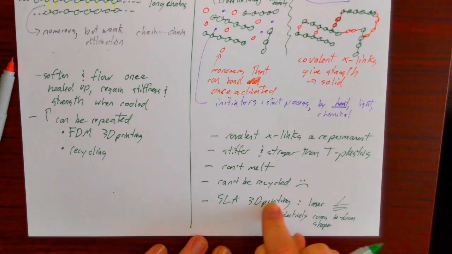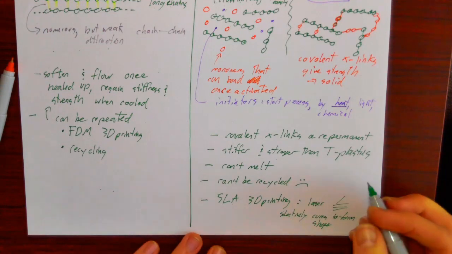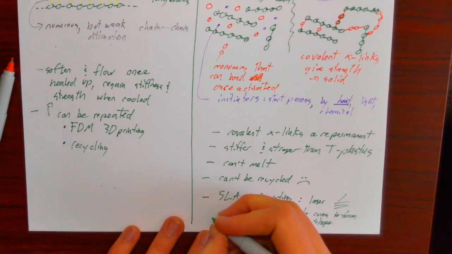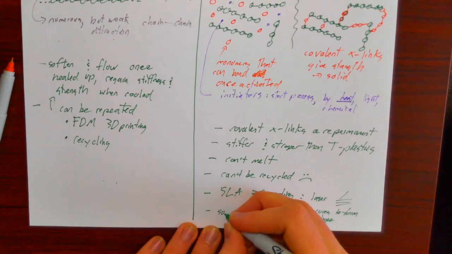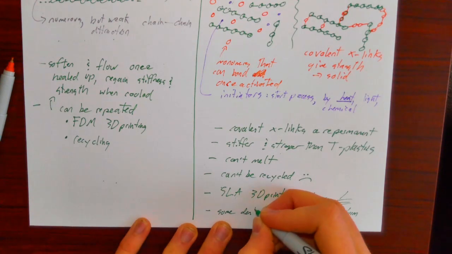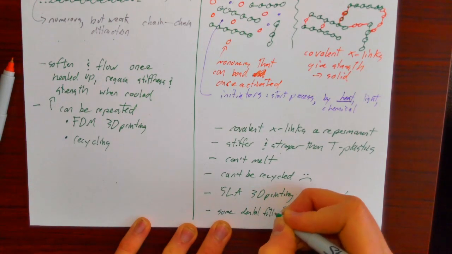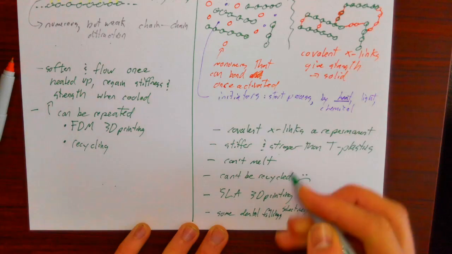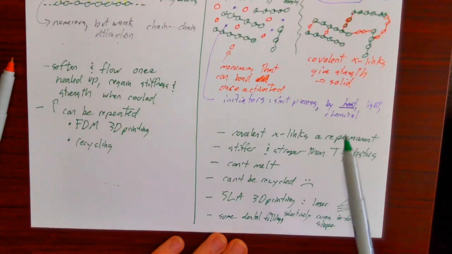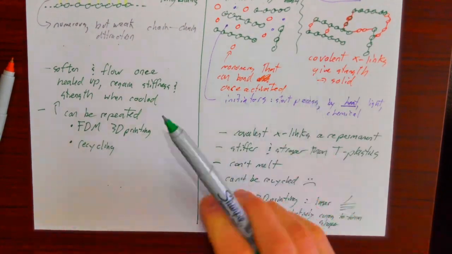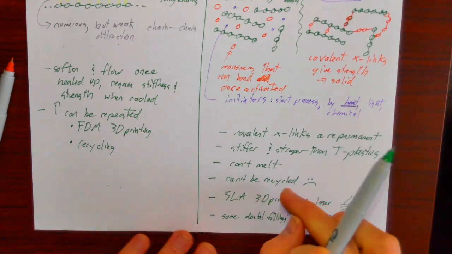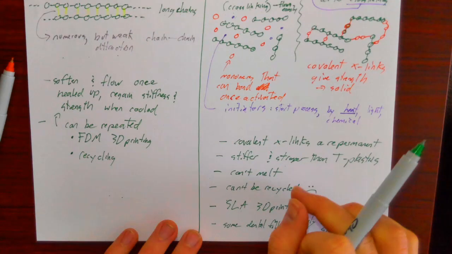So in a similar way to 3D printing, some dental fillings can use this. But the key thing with thermosets is, once those crosslinks are formed, they're done. They can't be recycled. They're permanent.